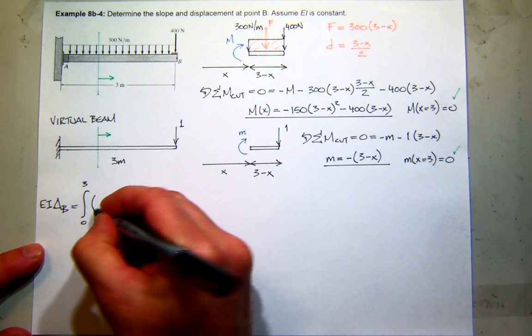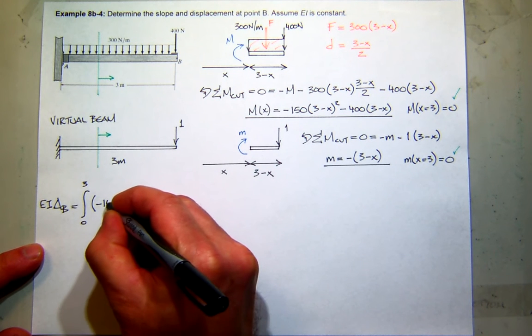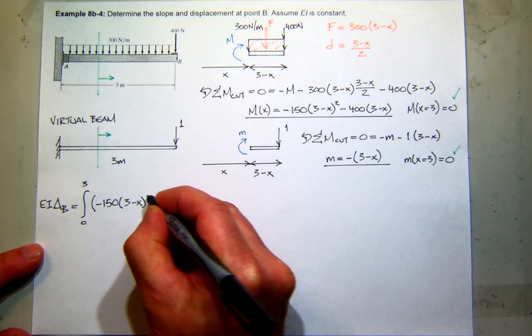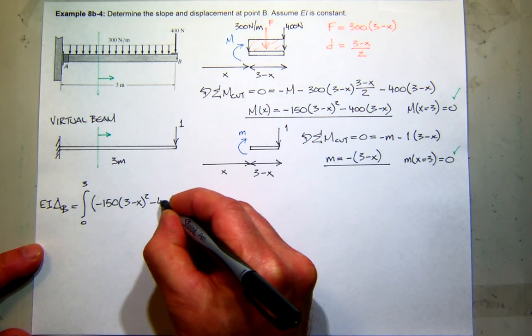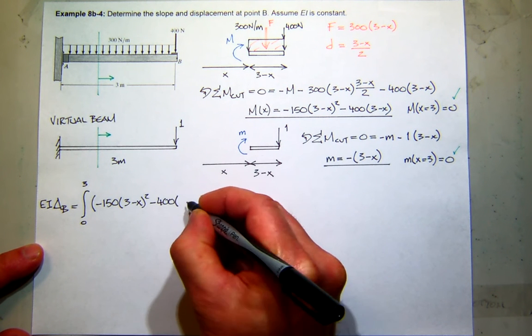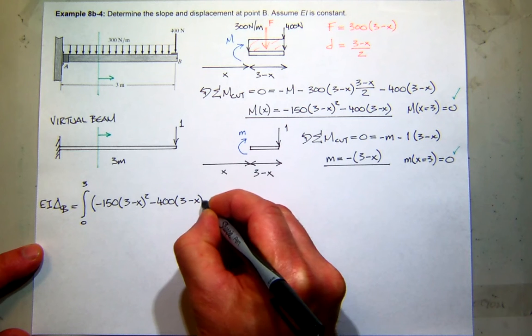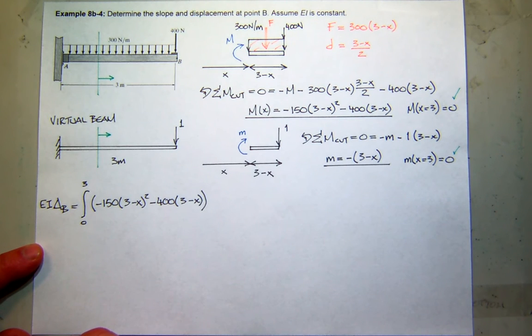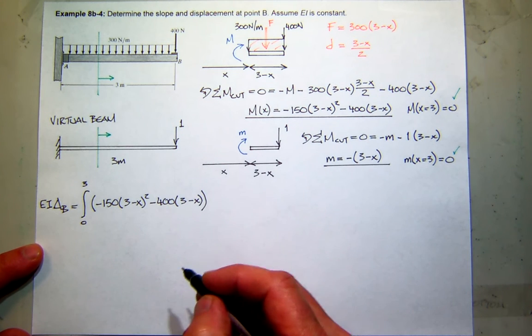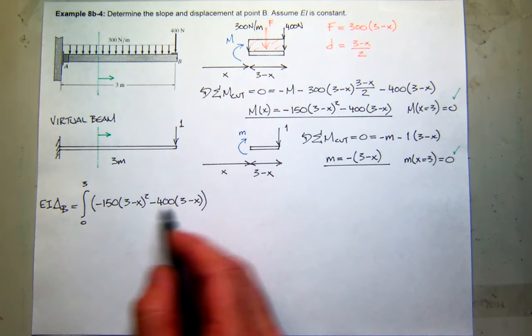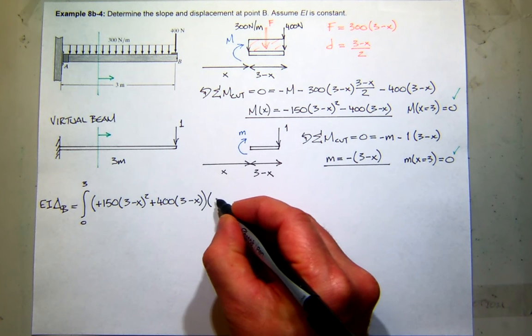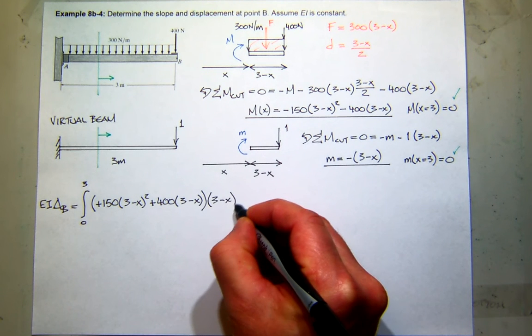So the real moment is minus 150 times (3 minus x) squared, minus 400 times (3 minus x), times the virtual moment. I'm going to take that negative sign and run it through, and all these will become positive. And this will just be 3 minus x.